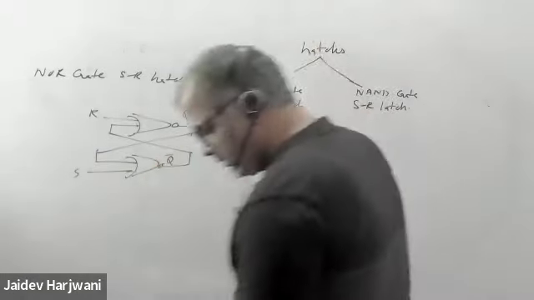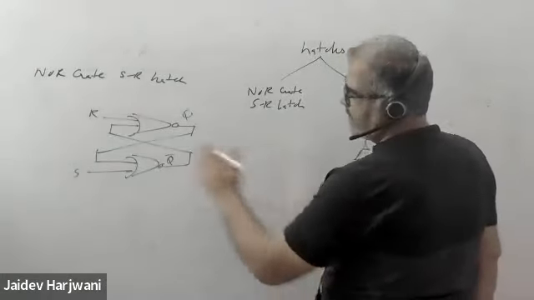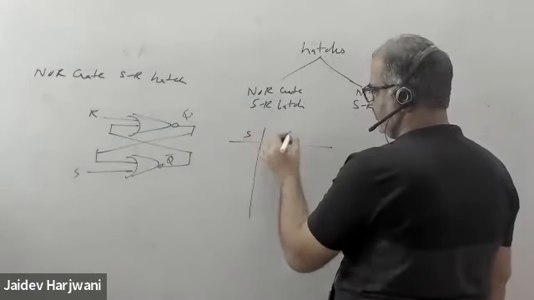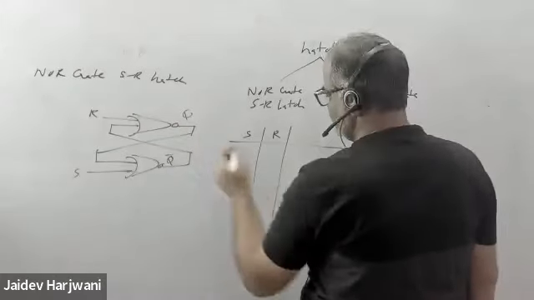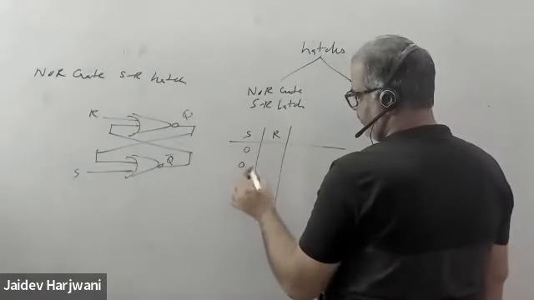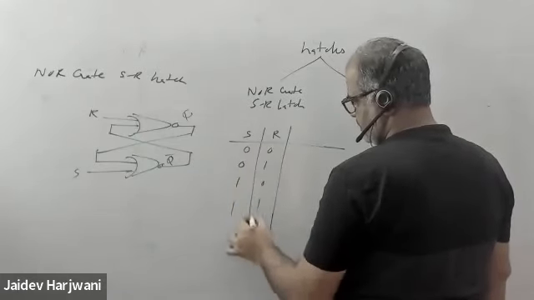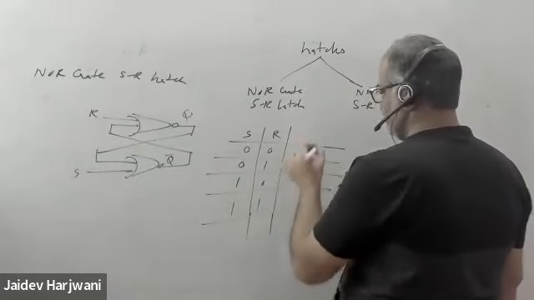Now let me make a table for this one. So you have two variables, R and S. They can have the combinations 0 0, 0 1, 1 0, 1 1.